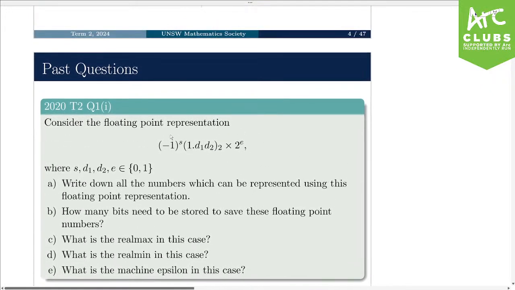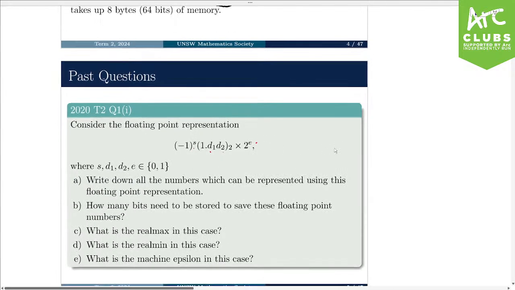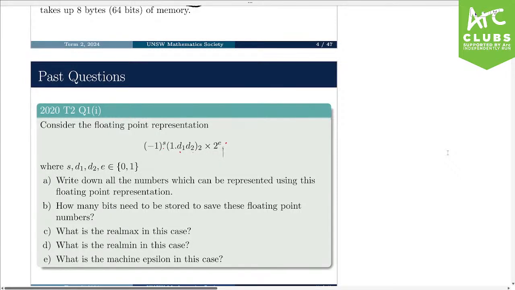So here is a much simpler case. There are only 4 bits, and part A wants us to write down all the numbers that can be represented with these bits. What we can do here is just list all of them out. The -1 to the power of s just means every number we can make, we can also make the negative version of that number.